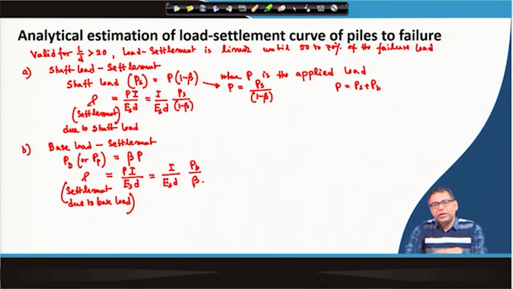In this way we can determine the settlement in terms of shaft load, and the settlement in terms of the base load. So, in the next class, based on these equations, I will show you how we can determine the load settlement curve theoretically. Thank you.